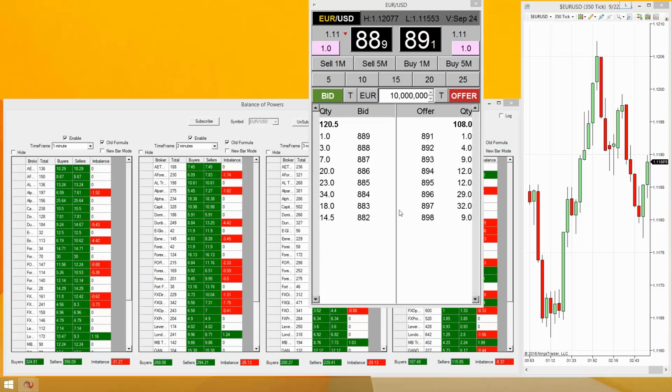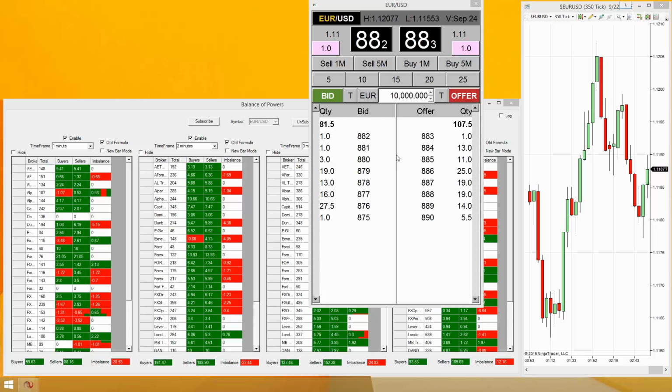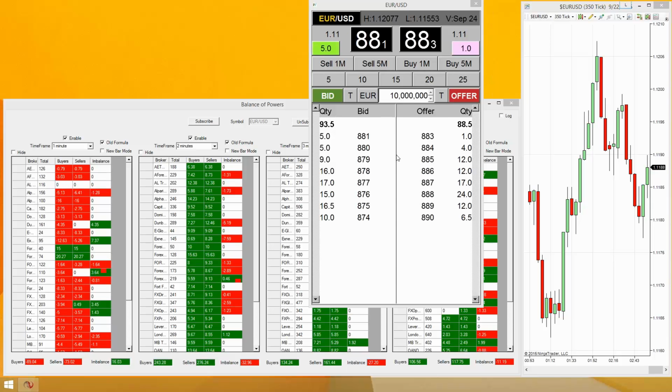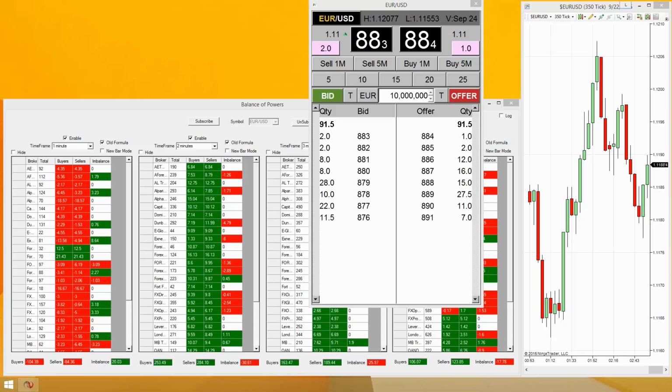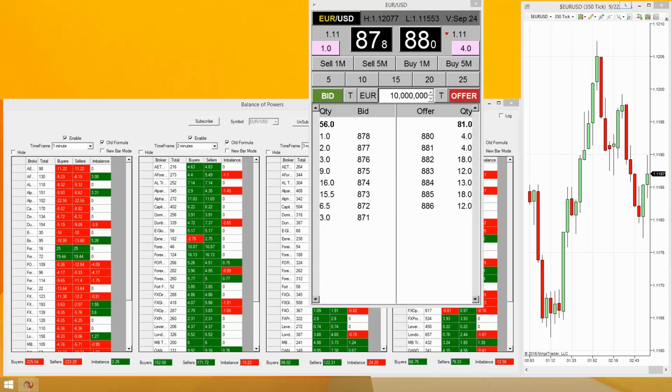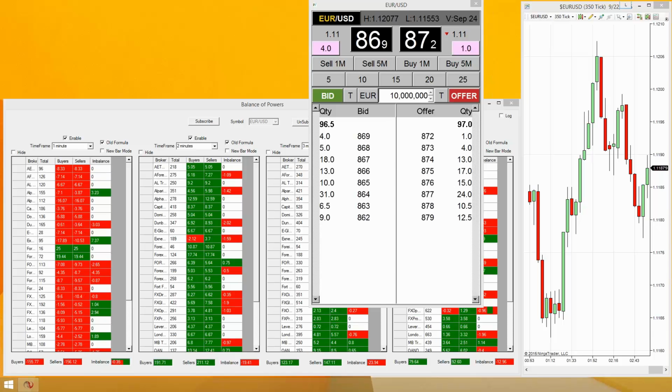Some people trade with technical analysis, or they like fundamentals. They say fundamentals is what moves the price. Some people say technical analysis moves the price. But unfortunately, both of them are wrong, because these days you're going to see that the more news comes out, and a currency should get stronger against the other one, it will get strong for maybe half an hour to 45 minutes, then all of a sudden it goes back where it started.